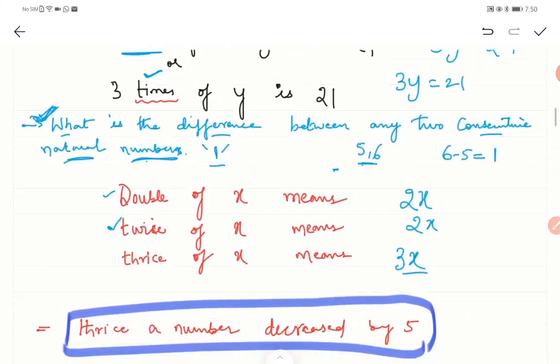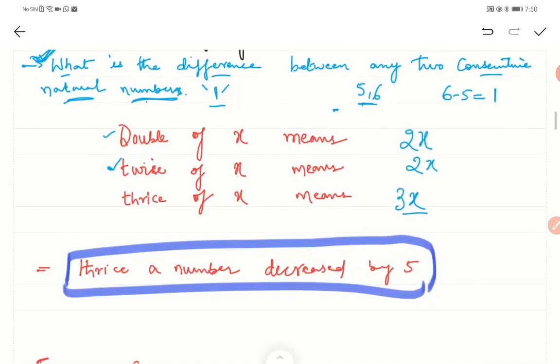All right. Now if I ask you this question like thrice a number decreased by 5. First, a number is an unknown number, I can take anything. If I take this as p, then thrice of p, decreased by 5, that is minus 5.